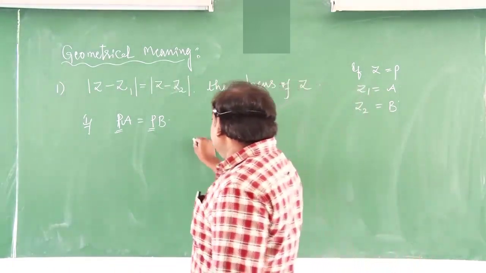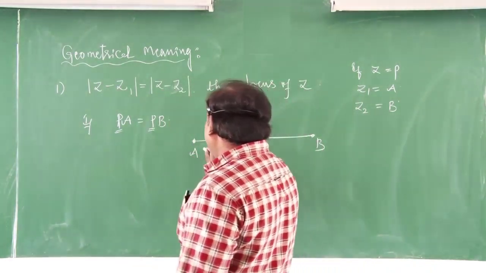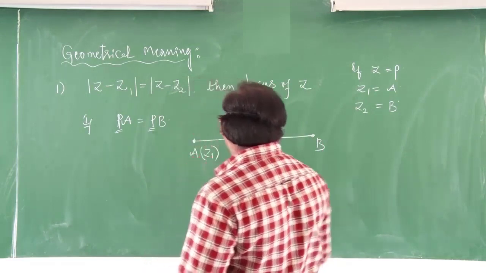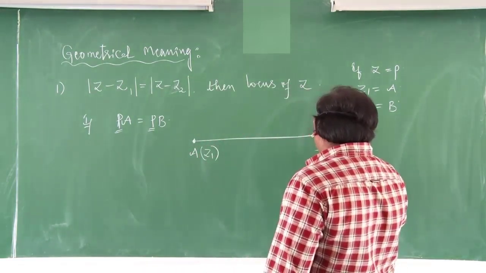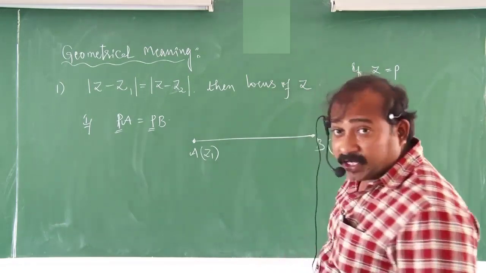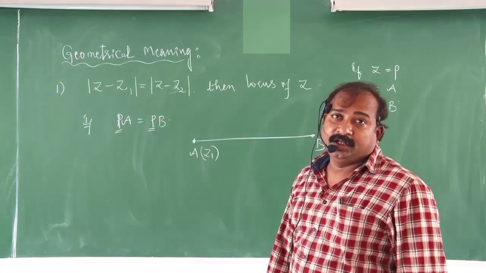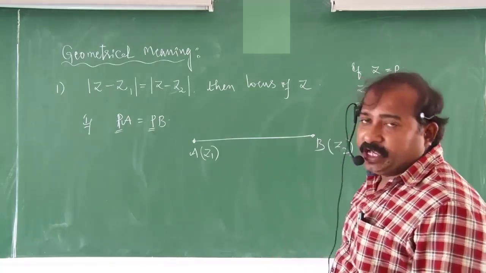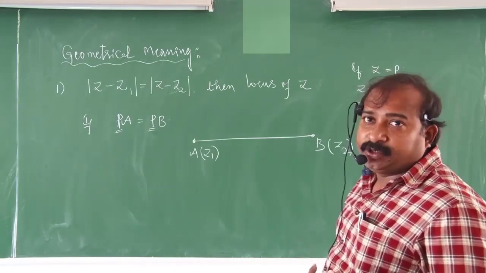So if A is the fixed point and B is the fixed point, here A of Z1 is the point, here B of Z2. Then automatically Z is the collection of the complex numbers in the Argand plane which are equidistant from A, B, where A is A of Z1, B is B of Z2.